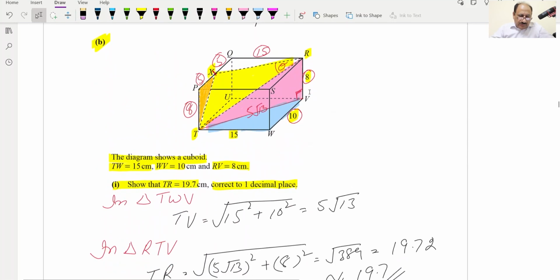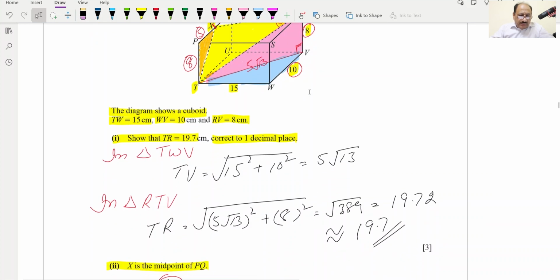First we will be considering TPX, and in TPX we will be finding TX by Pythagoras theorem. One side is 8, the other side is 5.